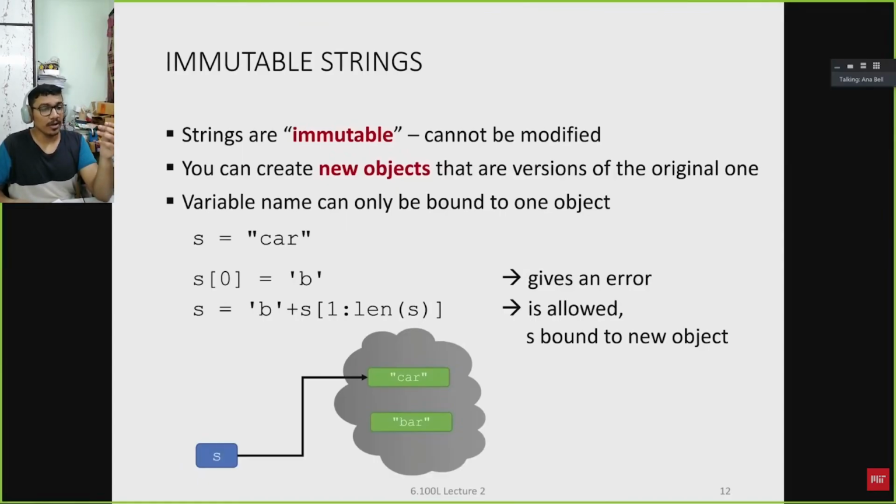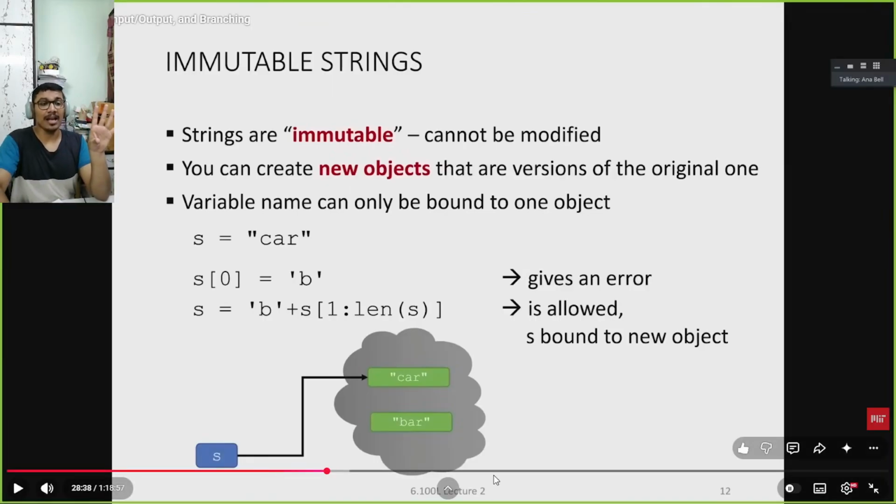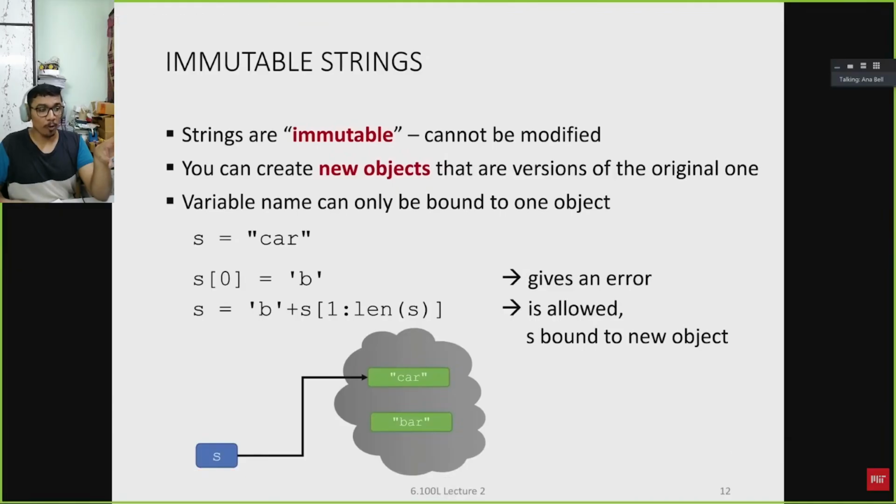We redefined the variable s, and we just did some manipulations and overwrote the previous variable, which was car, with a new one that's bar, by doing some string manipulations.